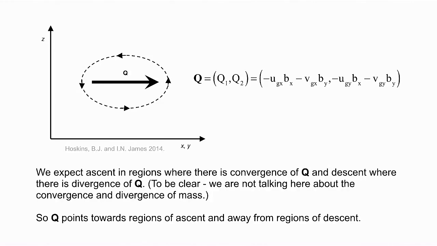So, this is the Q vector that we've just derived. It has 2 components, and I derived just a tiny fraction of that. This is minus the x derivative of the zonal geostrophic wind, the x derivative of the buoyancy, minus etc., etc. So I just wanted to remind you of the notation.